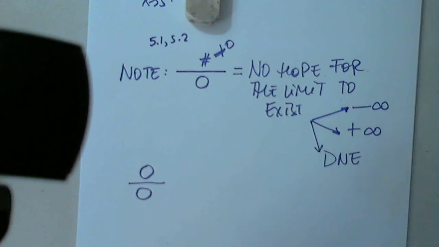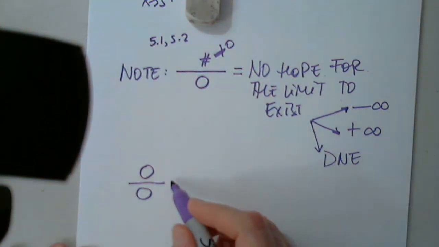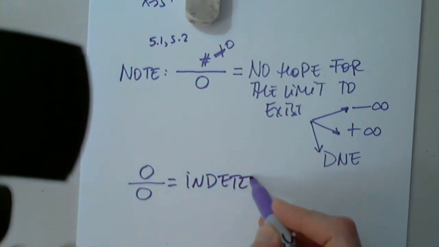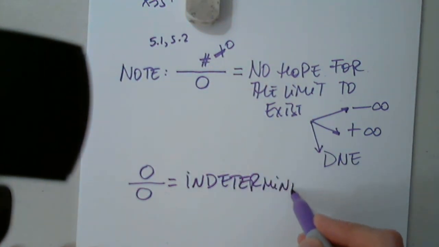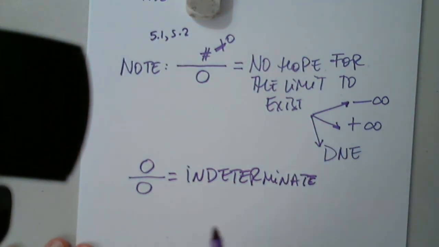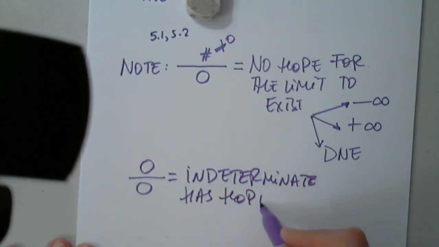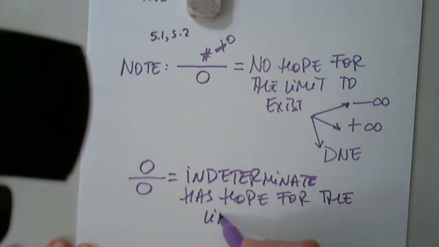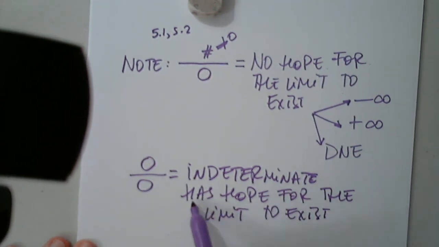This is a totally different situation. This is called indeterminate. Not undefined, indeterminate. And this has hope for the limit to exist. One more time, it says has hope.